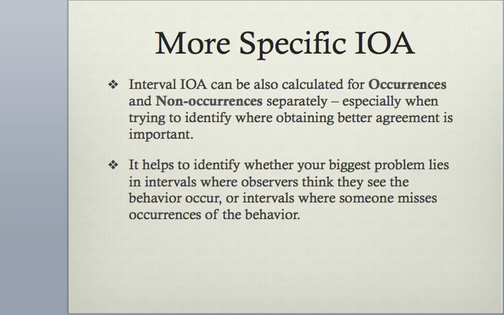And we can look to see whether we're having more difficulty with occurrences or whether it's the non-occurring intervals that are causing problems. And that can help us narrow down where our problems are and what we need to discuss and what we need to fix. So it really helps you identify whether your biggest problem lies in seeing the behavior or those intervals where someone's missing the behavior.